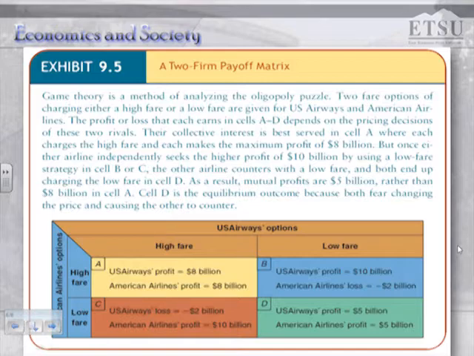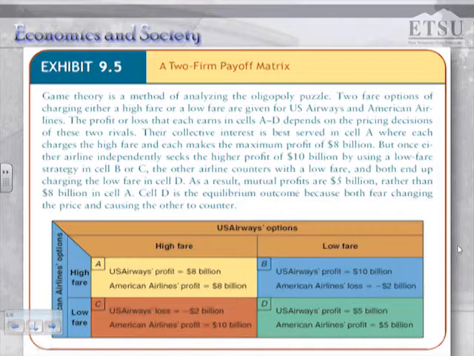And so if we look at American Airlines and U.S. Airways' options between choosing a high price and a low price, we can see that the joint profits of the firms are biggest in that rectangle that's marked A, where U.S. Air charges a high price and American charges a high price as well. So if they collude and act like a monopoly, they will share $16 billion, getting $8 billion each.